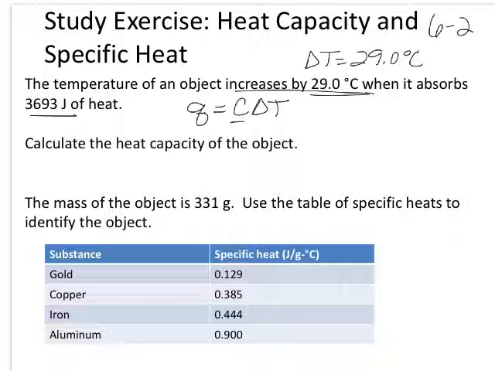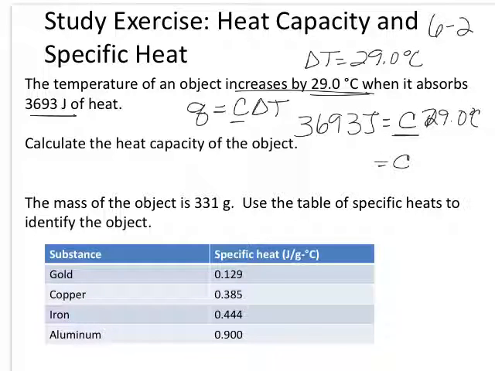And 3,693 joules is your heat. So 3,693 joules equals C times 29.0 degrees Celsius. You isolate your variable C, so you take 3,693 divided by 29 degrees, and you get 127.3 joules per degrees Celsius, because that's the units for C.